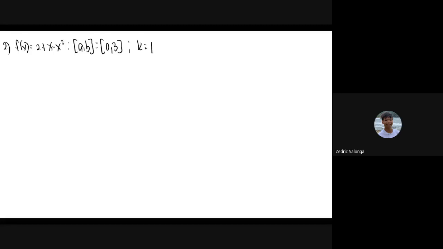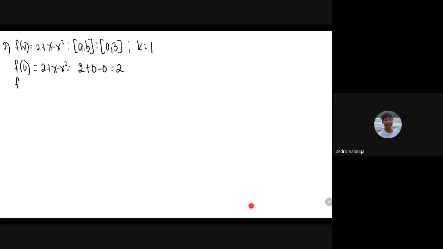So the first thing that you are going to do is to evaluate the given function using our closed interval. Our a there is 0, and our b there is, excuse me, 3. So we have f of 0, that's f of a, that's 2 plus x minus x squared, which is equal to 2 plus 0 minus 0, that will give us 2.